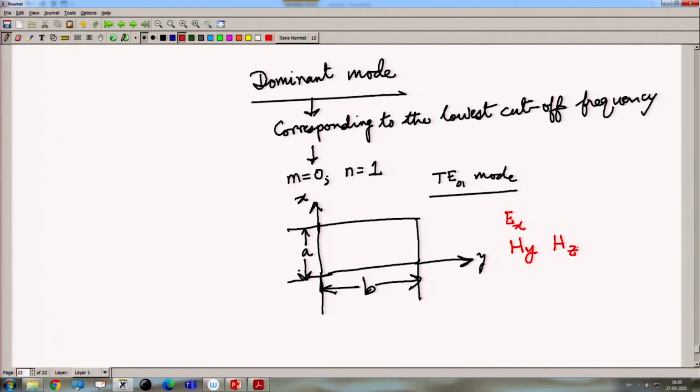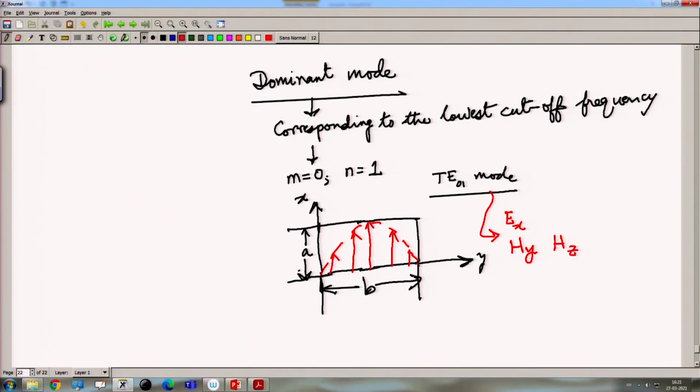For the TE01 mode, the electric field is going to be maximum here and it is going to be 0 at the two edges of the waveguide, because the tangential fields at y equal to 0 and y equal to b will be 0.